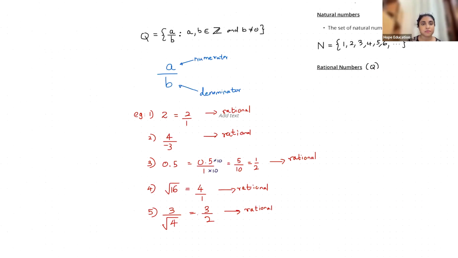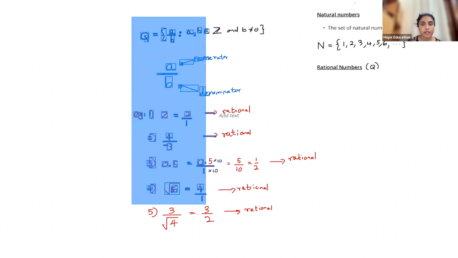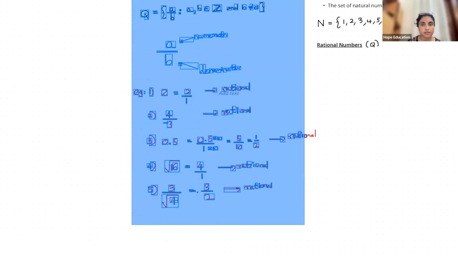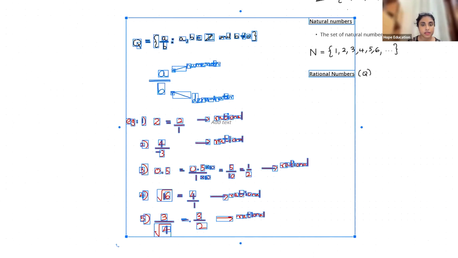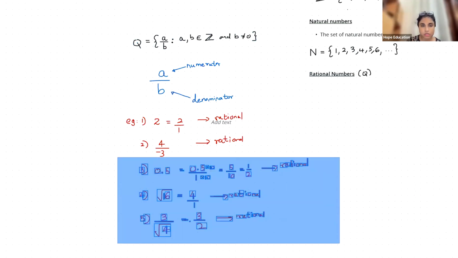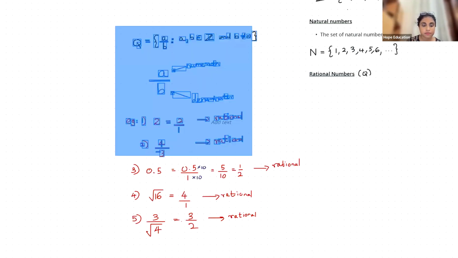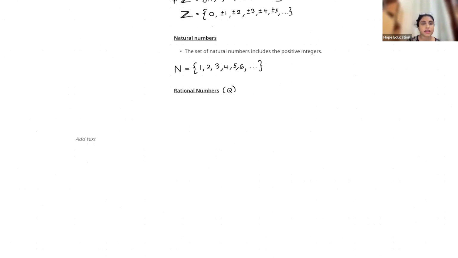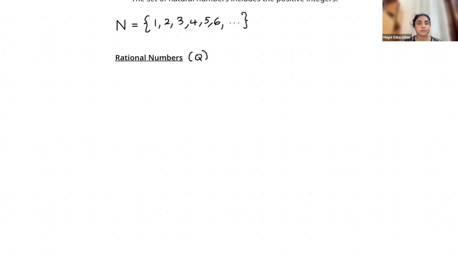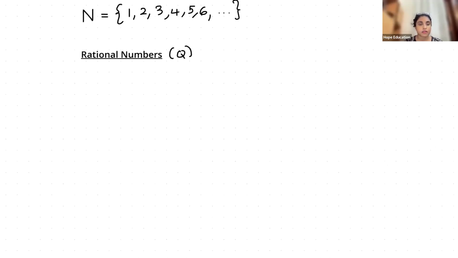Don't write anything yet. Let me organize the note a bit, what I have written here. And then rational numbers. Let's write a point here. Write the topic and the point.